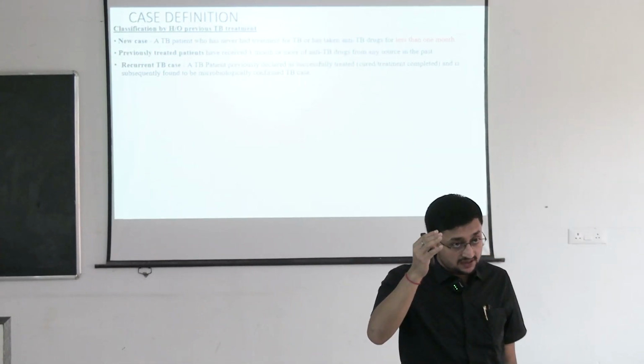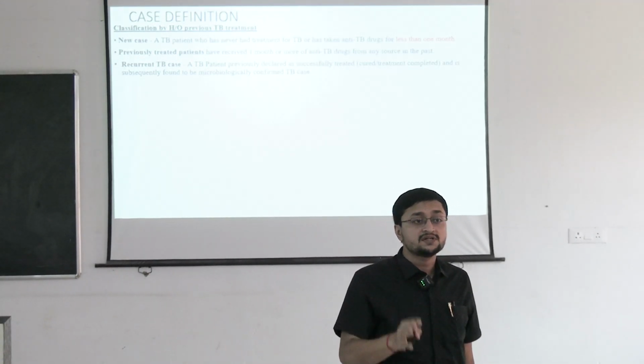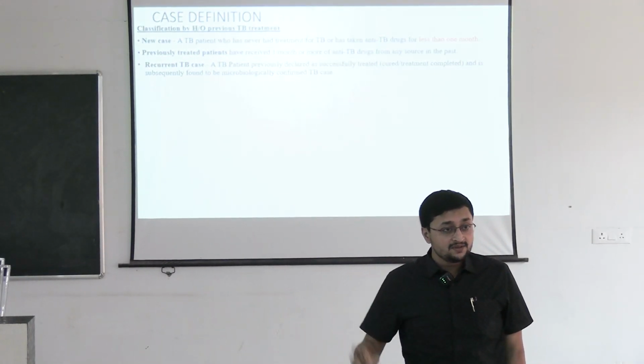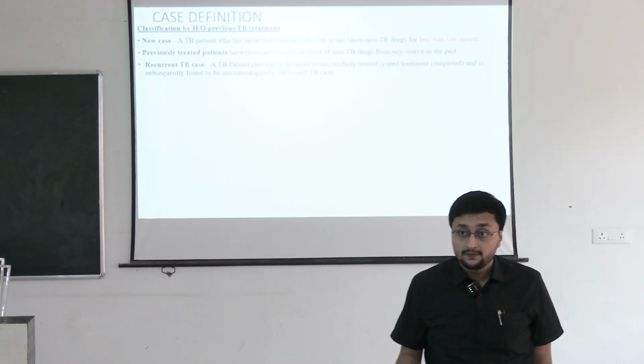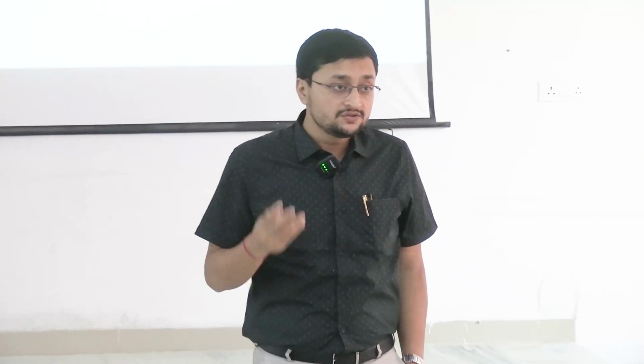So at the end of 6 months, the sputum smear was negative. So he was declared cured, but in subsequent days he again has presumptive TB symptoms and the sputum smear is again positive. So this is called recurrent TB case.